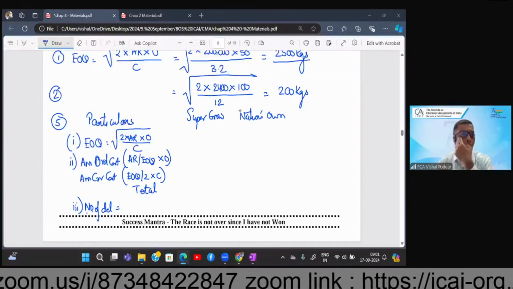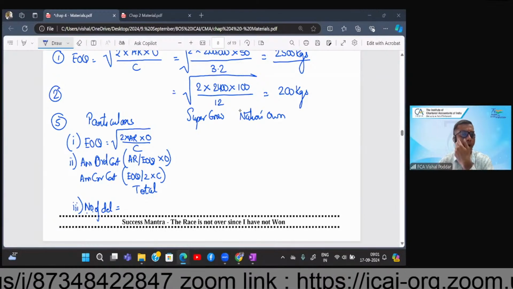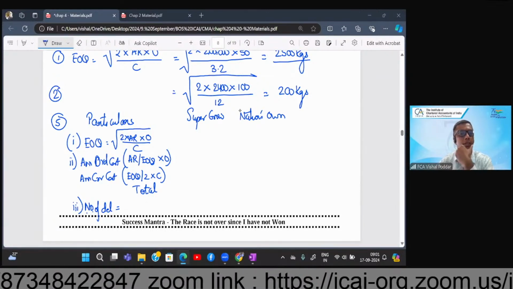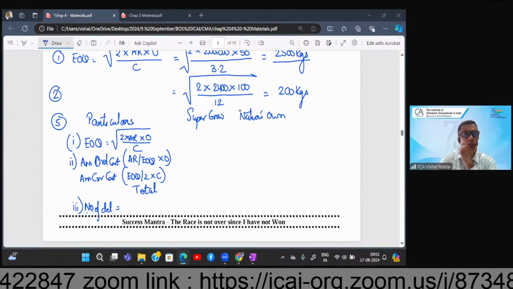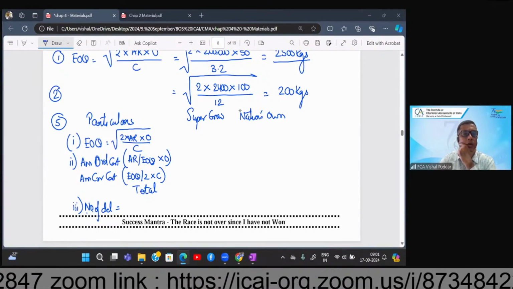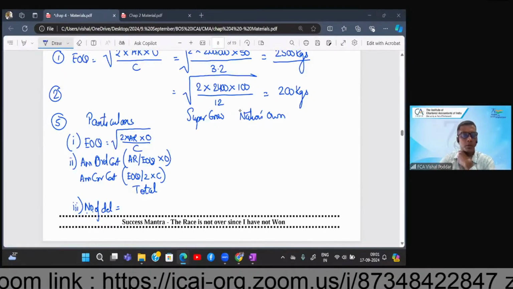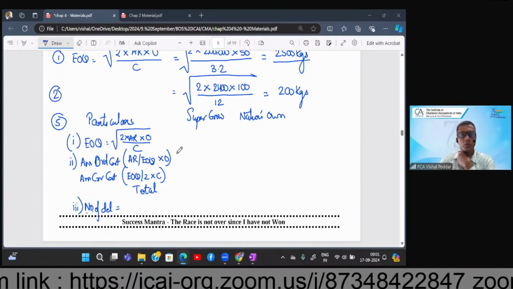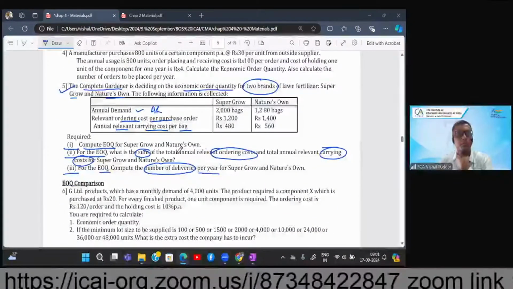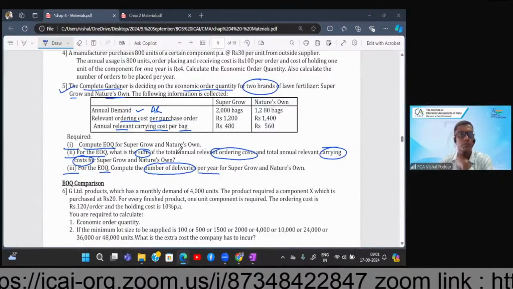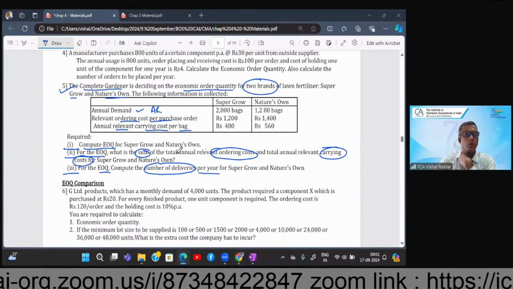Super Grow 100. Good, Pranav. You are right. Yes, give me EOQ figures. Super Grow, people are saying 100. How much is Nature's Own? Okay, you all want figures. Super Grow 100.